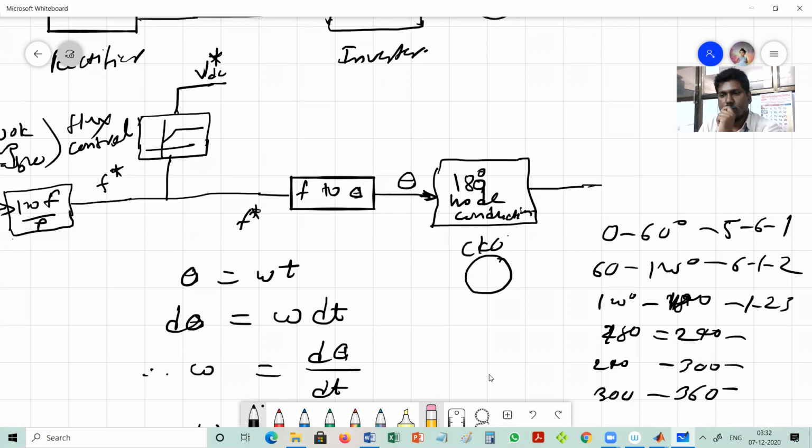Again after that, 2, 3, 4. Then 3, 4, 5, and then 4, 5, 6. These switches will be turned on. So the value of theta decides which set of switches will be turned on.